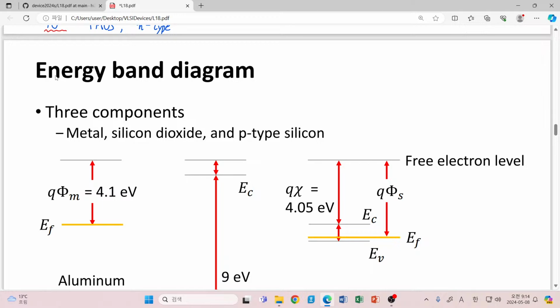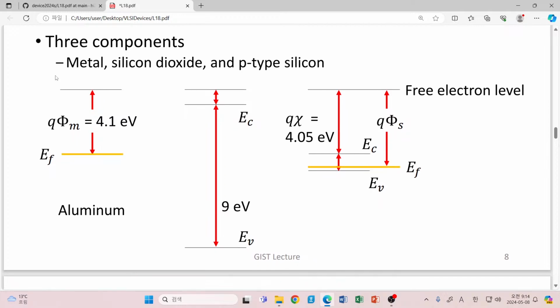The biggest difference is that now in this system we have 3 different materials. Please consider your PN junction. There are 2 parts, P type and N type, made of the same material, silicon. So there was nothing special. However, in the case of MOS, now we must consider metal, and here we have oxide and semiconductor silicon.